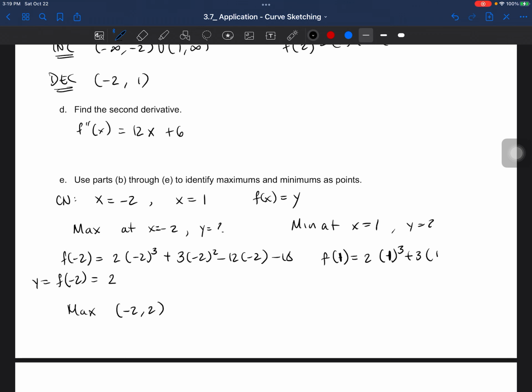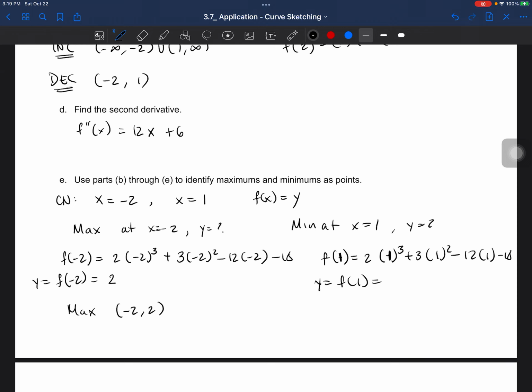For the minimum, we're going to have f of 1, plugging in 2 times 1 to the third plus 3 times 1 squared minus 12 times 1 minus 18. This gives us f of 1, and if you put this in your calculator, it should give us -25. Is it -25 or +25?